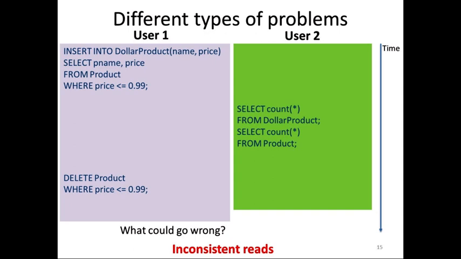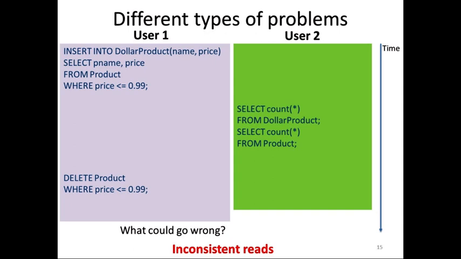And of course, if these two statistics are read in between the operations of the purple transaction, we will get the wrong number, since newly priced products now under $1 will be counted twice because they will appear in both tables.